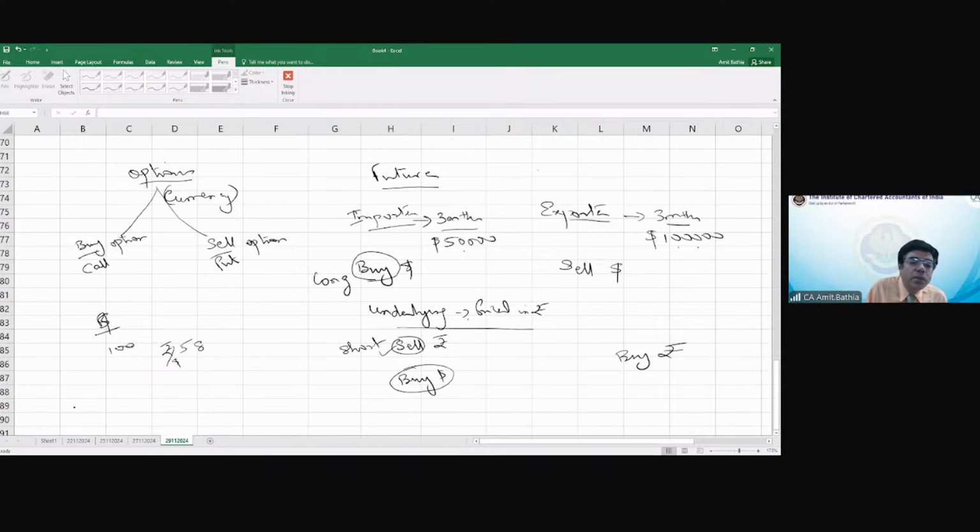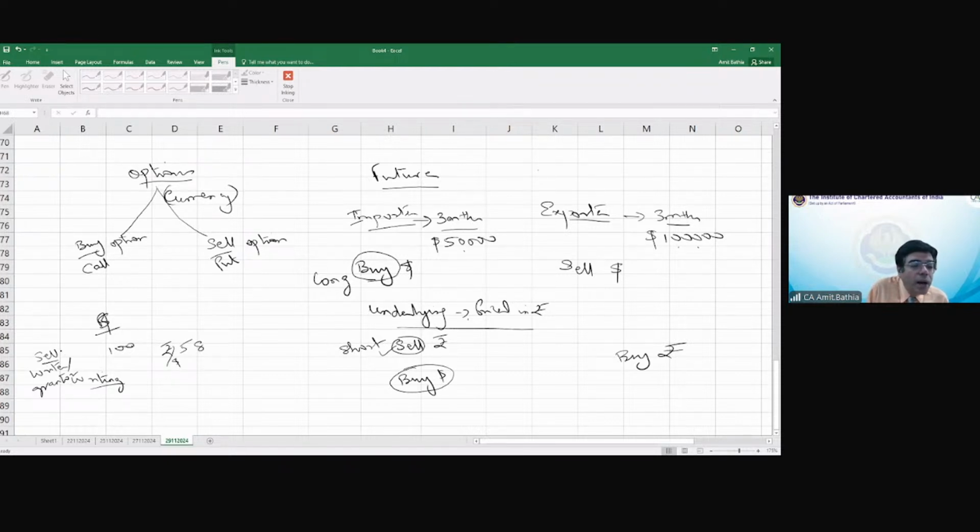Rupees 58 is the prevailing spot rate. I have $100, so I am the owner of this $100. I am writing an option, which means I am known as the writer or grantor, right? The person who is essentially going to sell the call, right? So I am the one who is the writer or grantor.